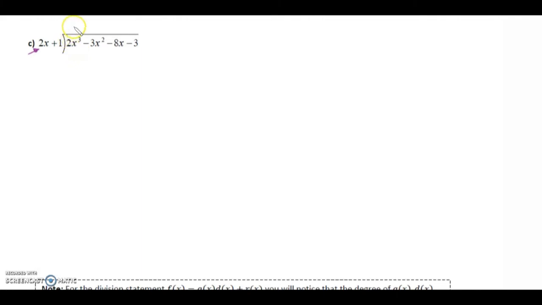Okay, so we're going to think what number times 2x is going to give us 2x cubed. Not bad this time because the 2's are already satisfied, so our coefficient's 1. So we know that we need x squared to give us x cubed.